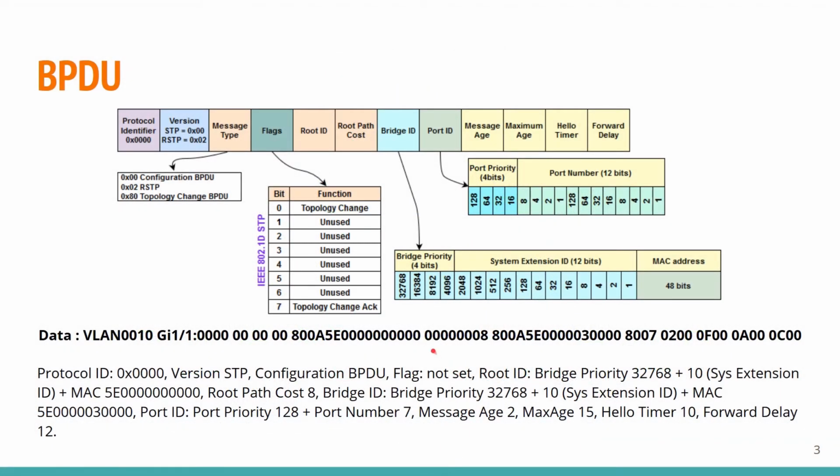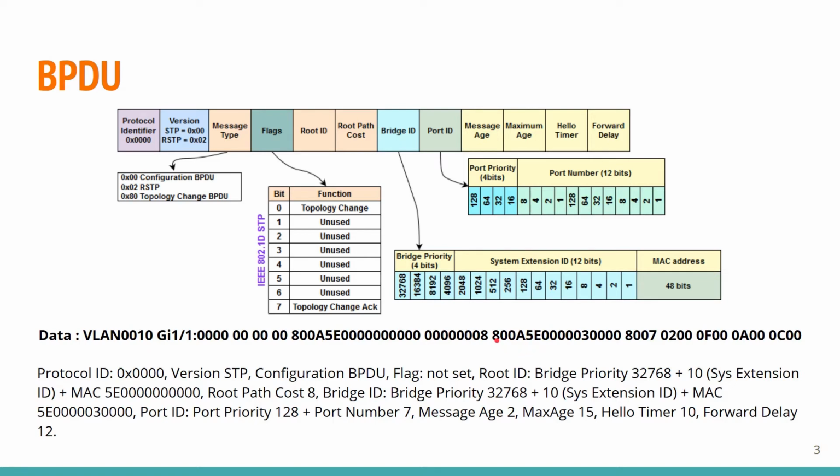Okay, after root path cost, we have bridge ID. Bridge ID, this one is our designated bridge, which is SW4, which is sending this BPDU because we received it in interface G11, and this interface G11 is facing switch SW4.